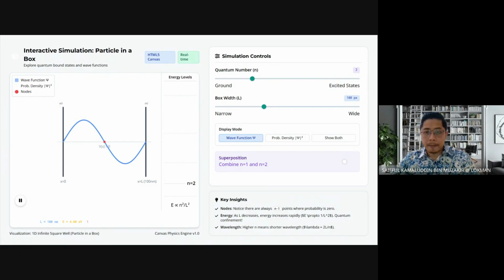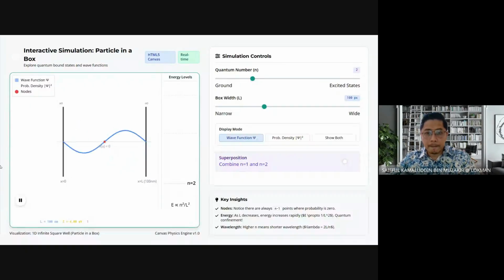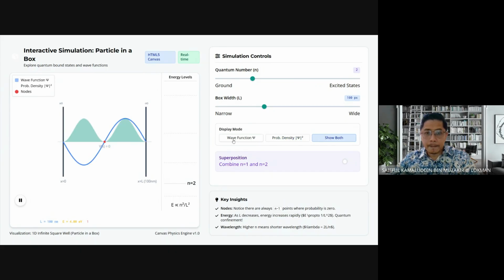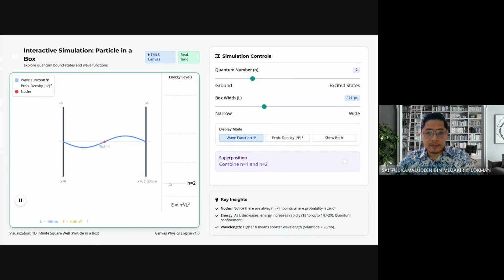Is it showing? Oh no, it's not showing. Why? It doesn't show anything. Oh man. Oh, there it is, sorry, but the value doesn't show. Let me try.